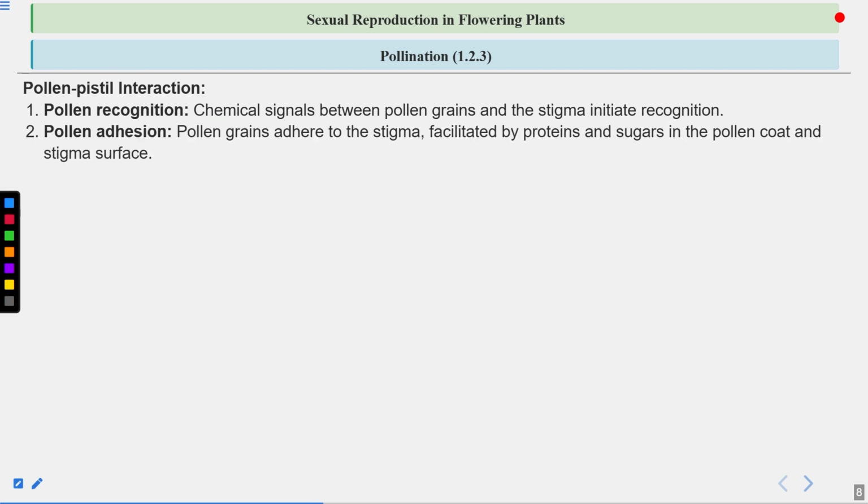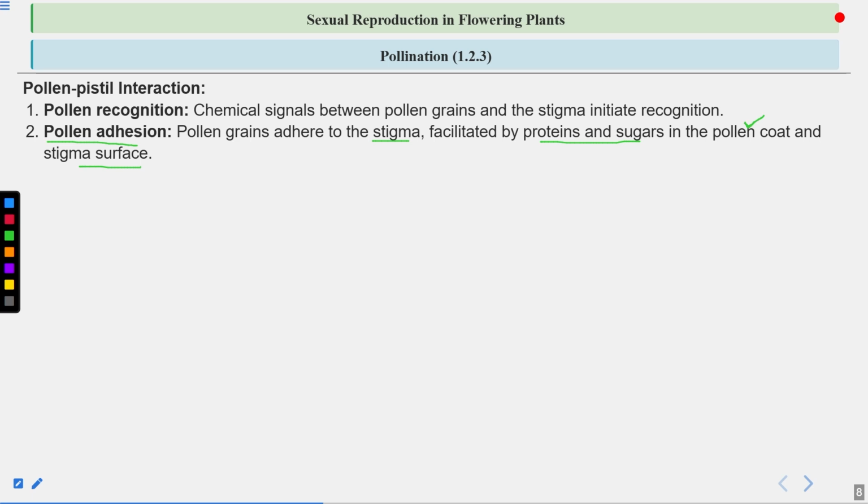Second thing, pollen adhesion. The pollen grain adheres to the stigma, facilitated by the proteins and sugars in the pollen coat and the stigma surface. So there are some proteins and sugars present at the surface of the pollen grain. That is the pollen coat here. You can see here, the pollen coat or pollen surface.